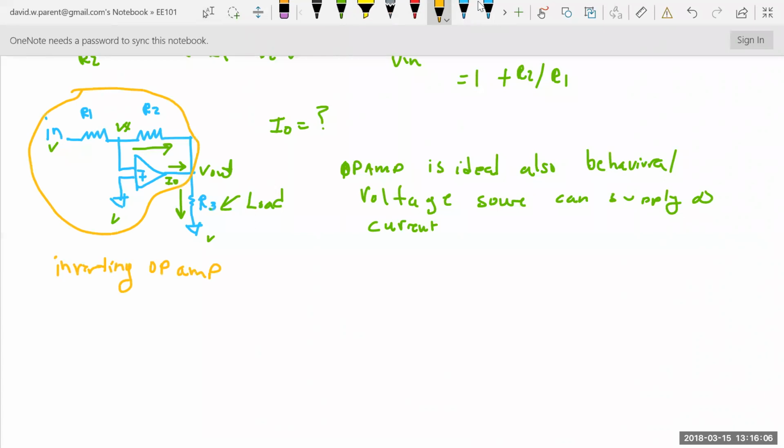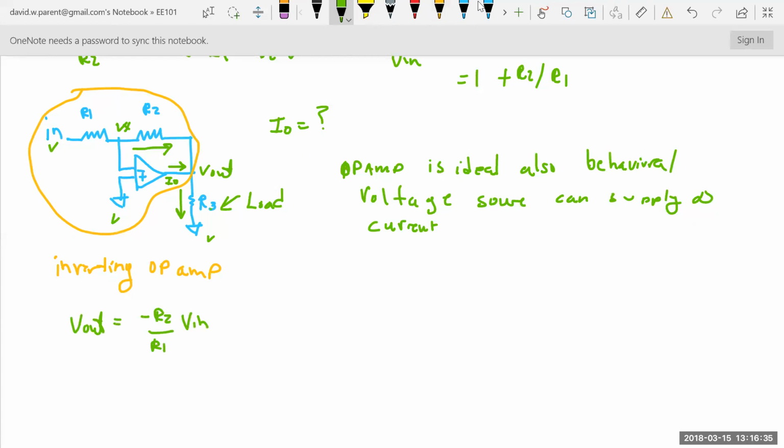Because this R3 isn't going to change what's going on here if it's ideal. So then all I have to do is write V out equals minus R2 over R1 times V in. So now I know this. I don't really need to solve a nodal equation here.